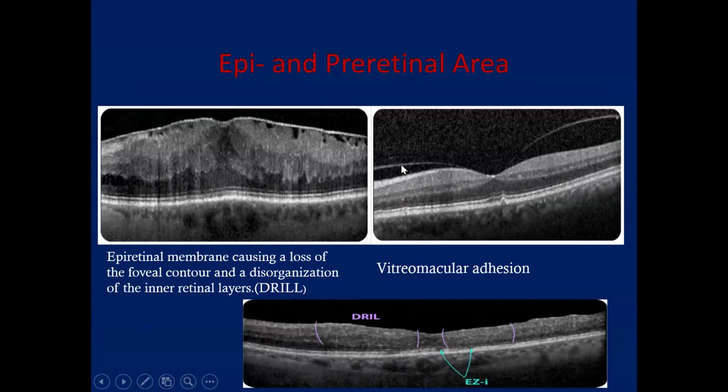This is a hyaloid membrane that is detached with still an adhesion at the foveal area. We call it vitreomacular adhesion. It depends on the force and capability. At times, the patient can have complete separation, or they might end up with a macular hole, depending on the force there.